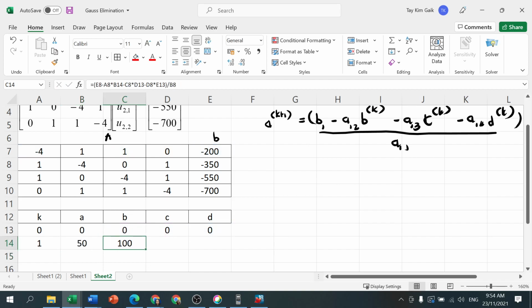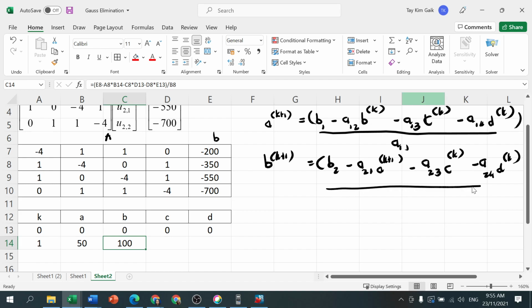Similarly, for B at step K plus 1, the formula has B2 minus A21, second row first column, times A at step K plus 1, minus A23, second row third column, times C still the old value, then A24 times D still the old value, divided by A22.